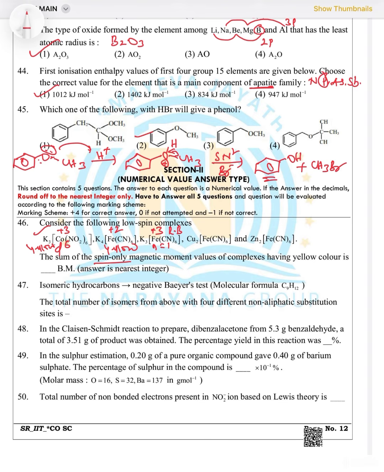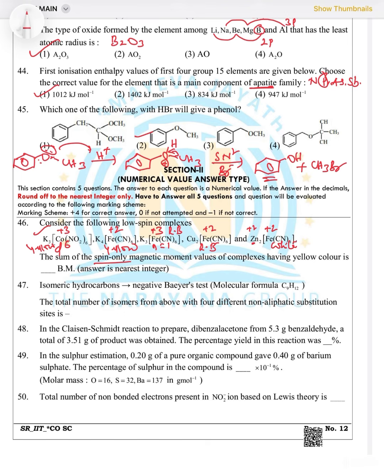Cu2[Fe(CN)6]: here iron is +2 and copper is also +2, a strong field ligand is there, but it is reddish brown colored. In the zinc compound, iron is +2, Zn is also +2, and this zinc complex is white in color.